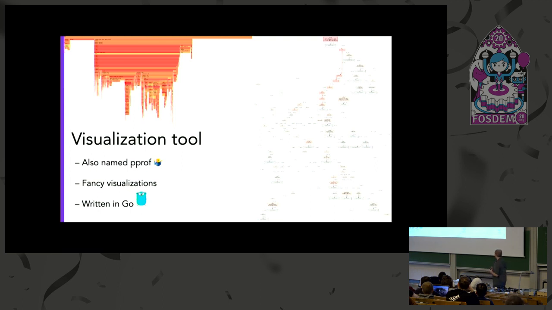Or you can use this kind of chart on the right, where each rectangle is one function, and everything is connected by the number of times they call each other. It's pretty hard to read when you're not used to it, but I promise if you spend a few minutes on it, pprof is pretty easy to gather and to understand. So it's easy to use. You can open any pprof file with it, being Go or Python or anything.